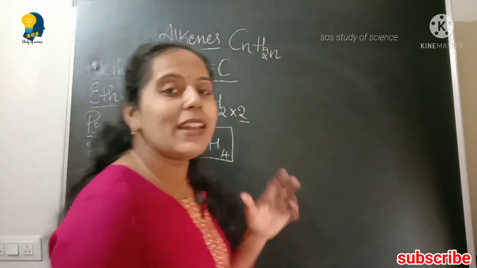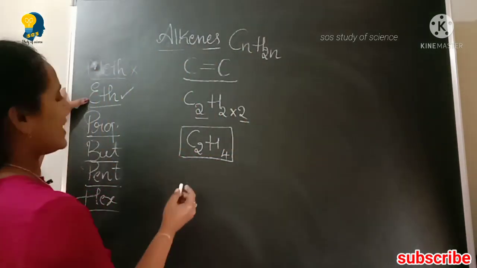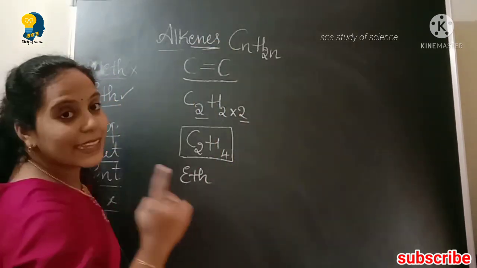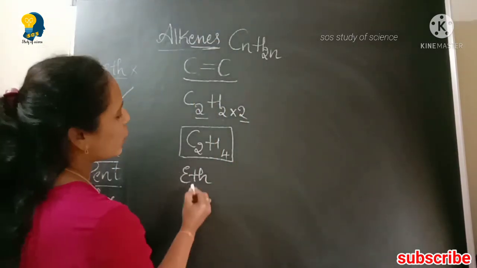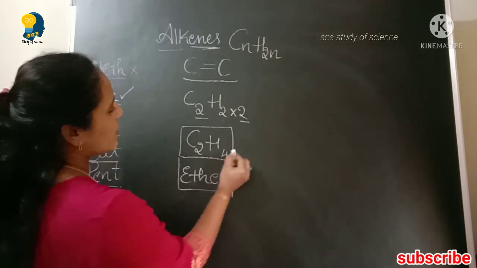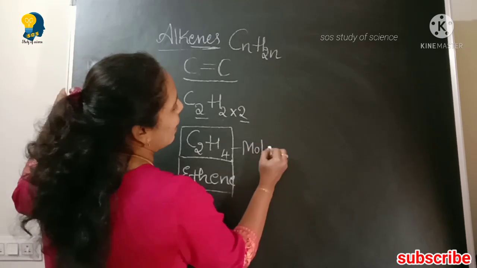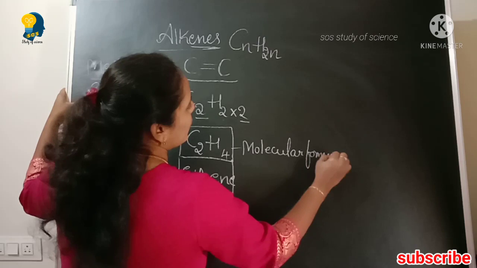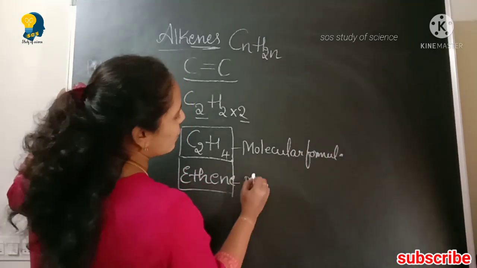How can we name it? As it is eth, and alkene is represented by ene, eth plus ene is ethene. So this is our molecular formula, and this is the name of the compound.